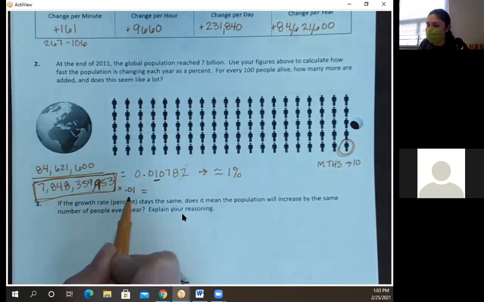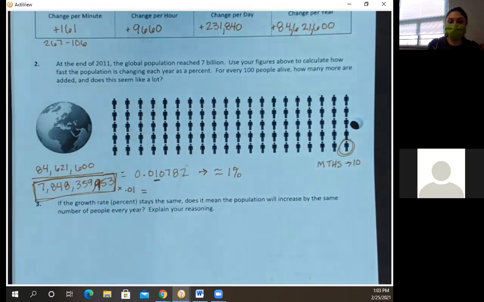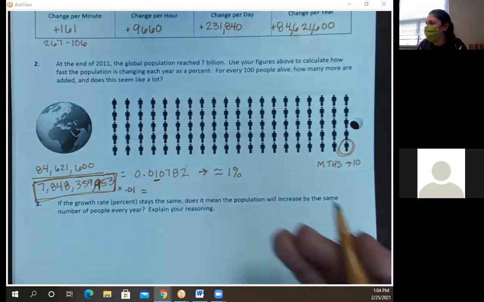So this number, again, times 0.01. What do we get here? What's 1% of our world population?